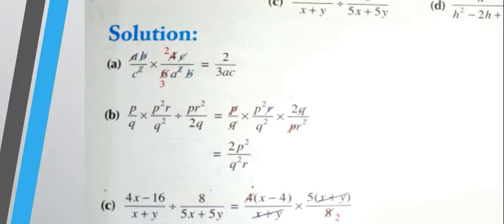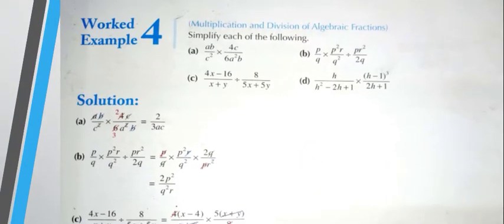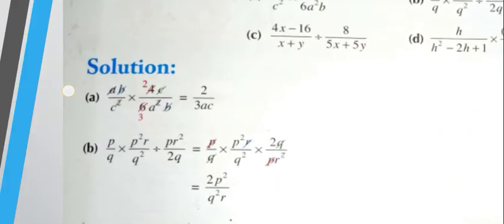It's just like simplifying fractions, right? So before you actually multiply it one by one, like AB times 4C over C squared, make sure you cancel all the things that you can, to make it simpler.